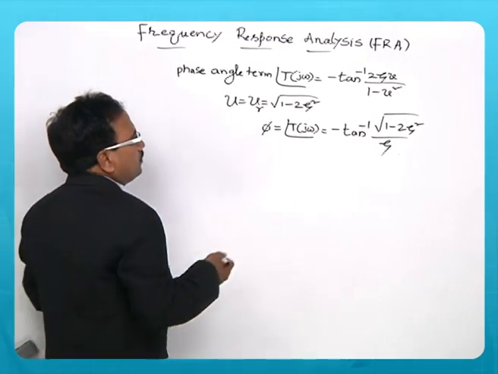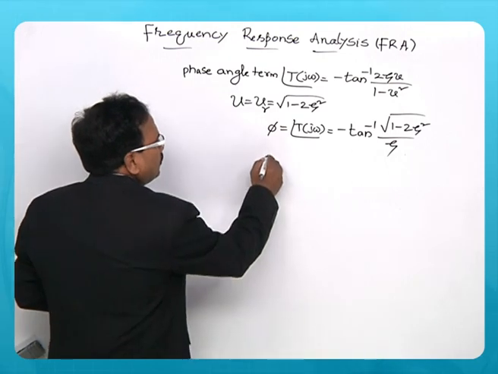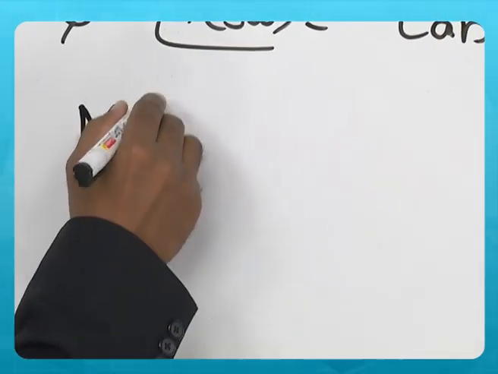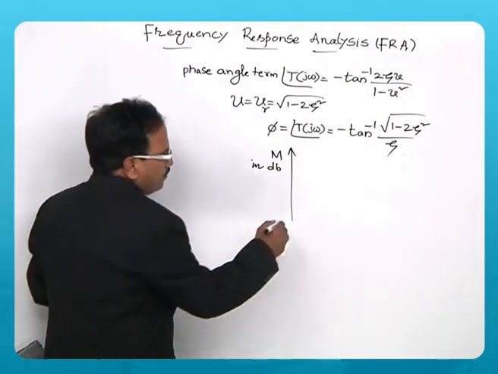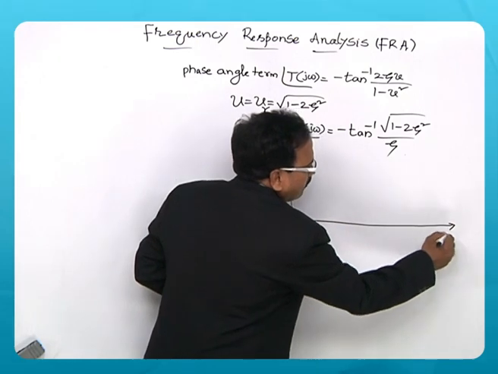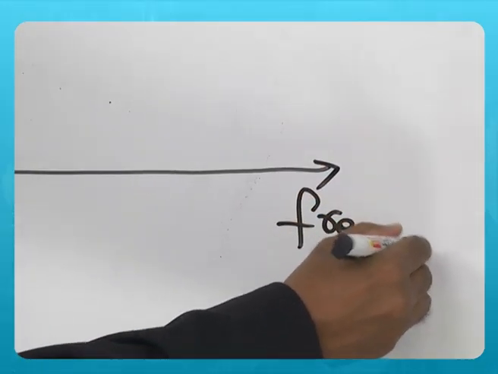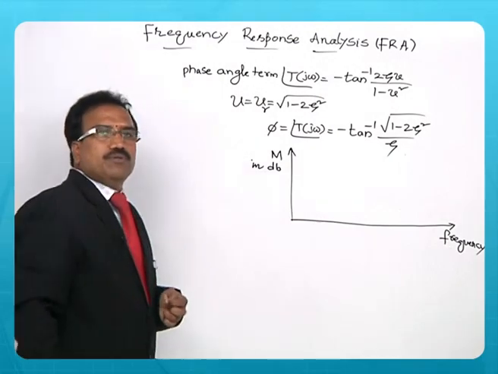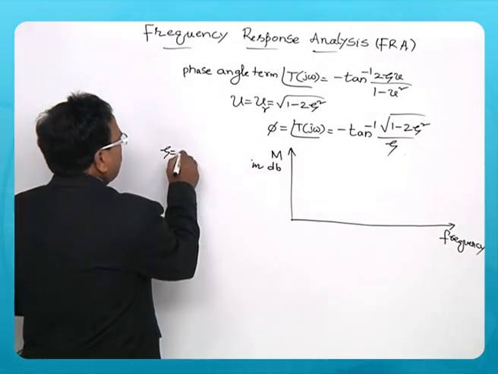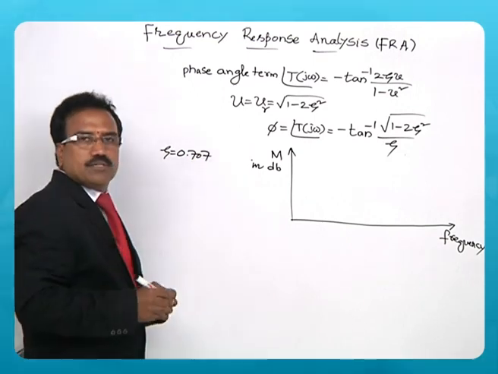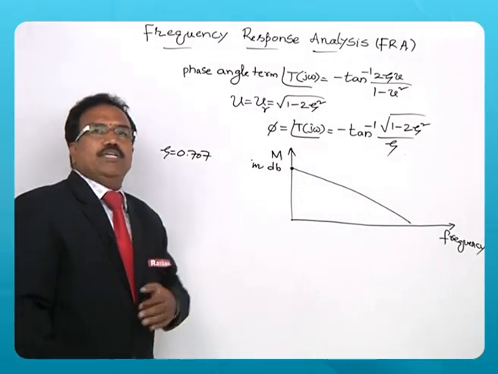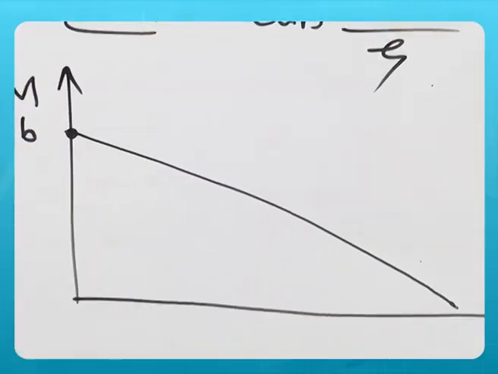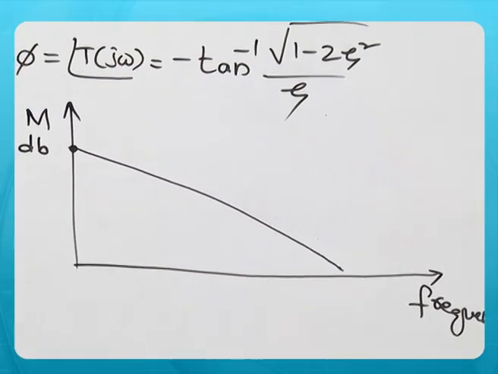Now, if I want to draw a curve of magnitude M, normally it is expressed in decibels, with the frequency on the x-axis. If you consider zeta equal to 0.707 damping coefficient, then the curve you obtain is like this. You will not find any peaks in the magnitude curve when zeta is 0.707.